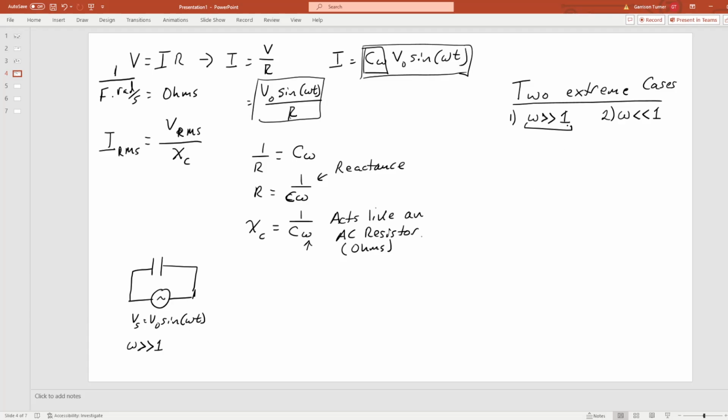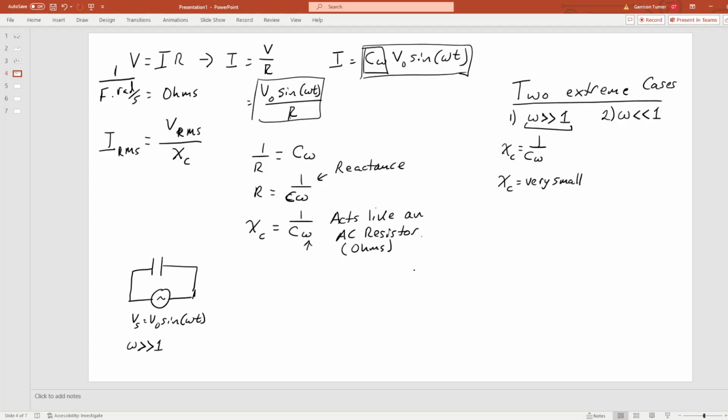Okay? Under this condition, one over C omega, if omega is really, really large, then chi sub C is going to be very small.